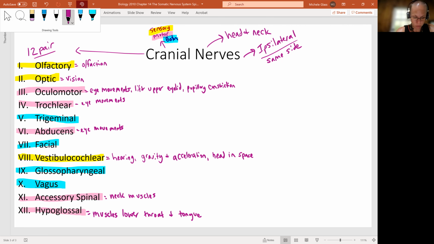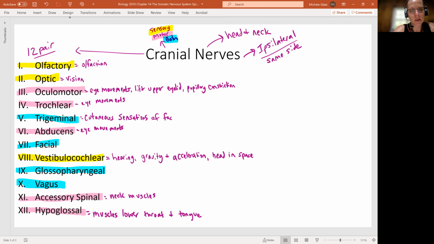Trigeminal is going to do cutaneous sensations of the face. That's a huge collection: touch, pressure, vibration, pain, temperature, all of those that we've talked about in the past.